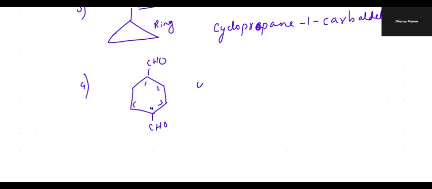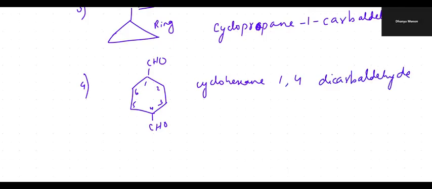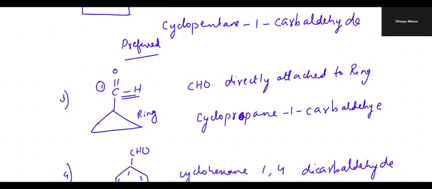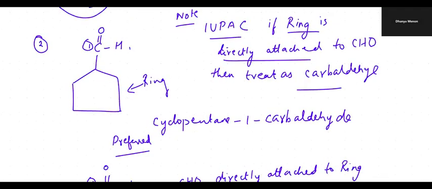So cyclohexane 1,4 dicarbaldehyde. Please remember, students, here what is the necessary condition? The ring should be directly connected to CHO group. I hope you have taken a note of this. Note what is the condition to be treated as carbaldehyde. This is one of the conditions. Okay.